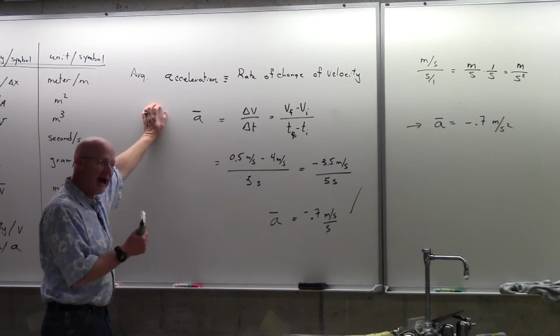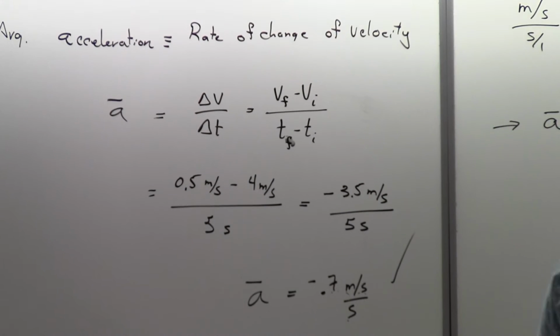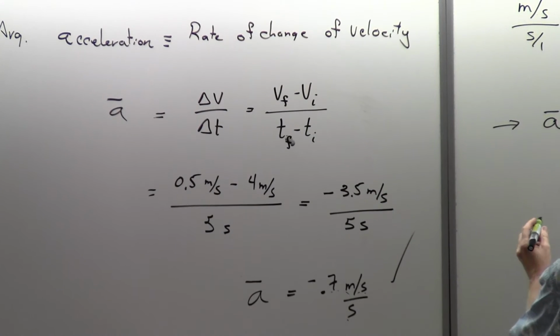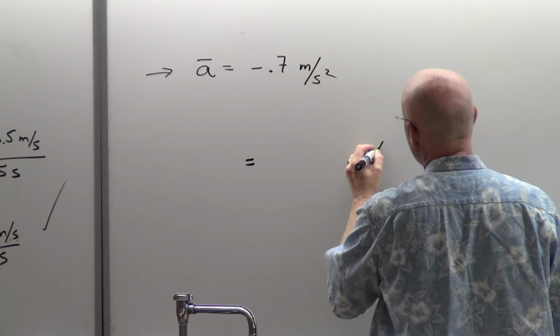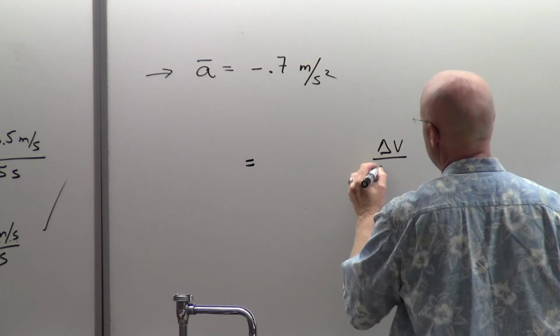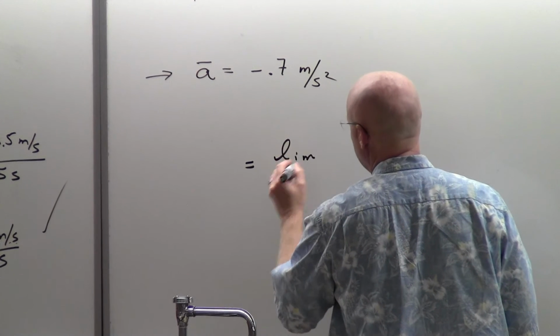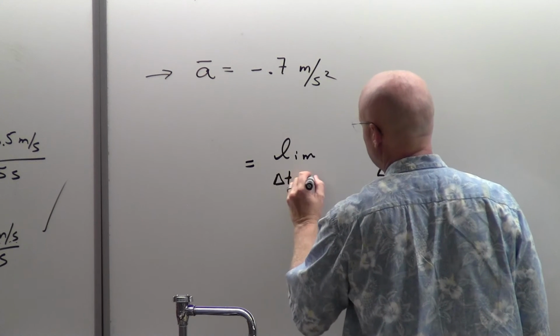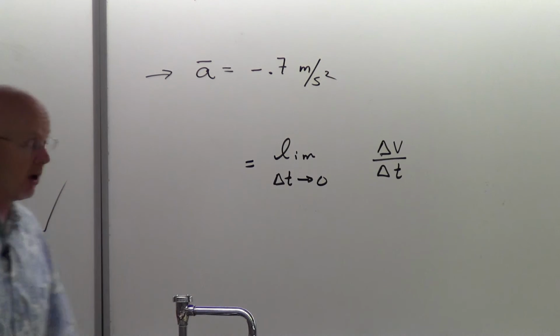Not what is the average, but it might be nice to know what is the acceleration. Let's see, how shall I write this? I guess I'll write this. The change in speed per time, but during a very, very short moment.